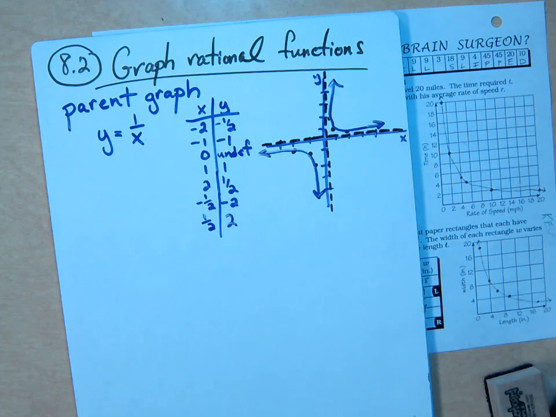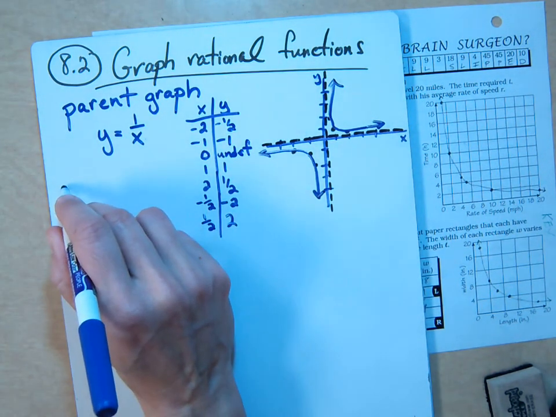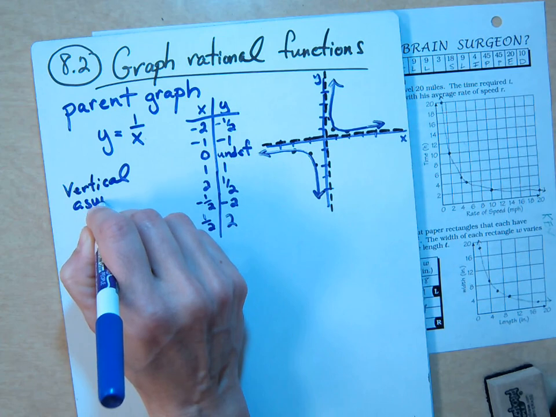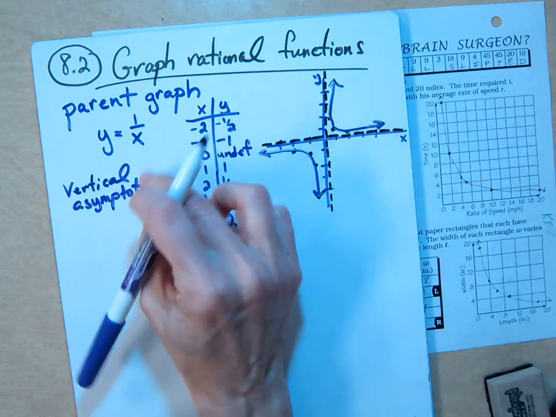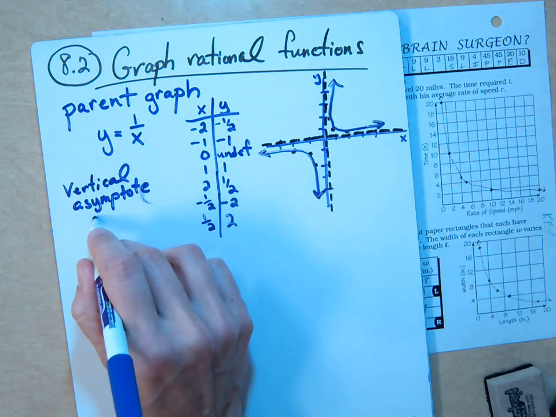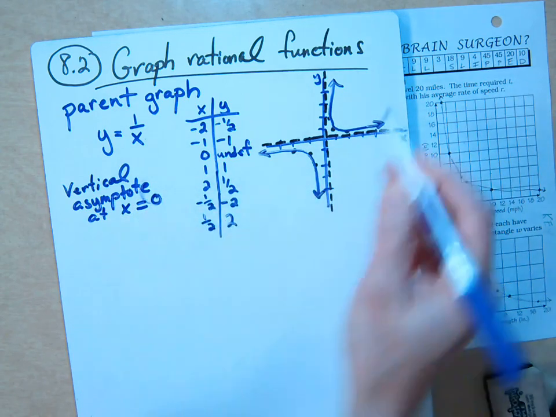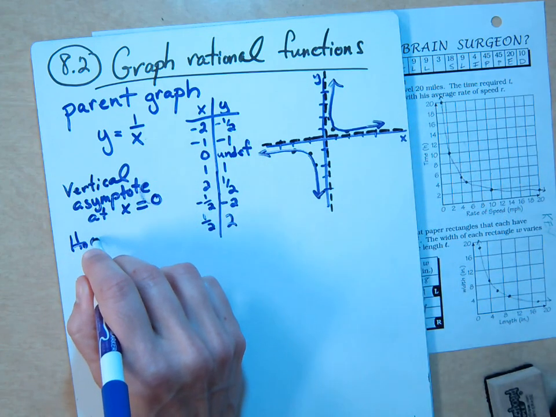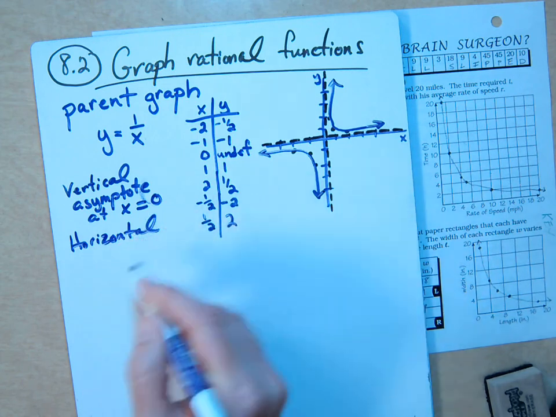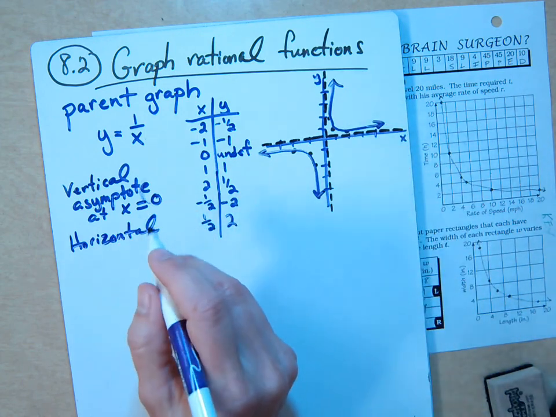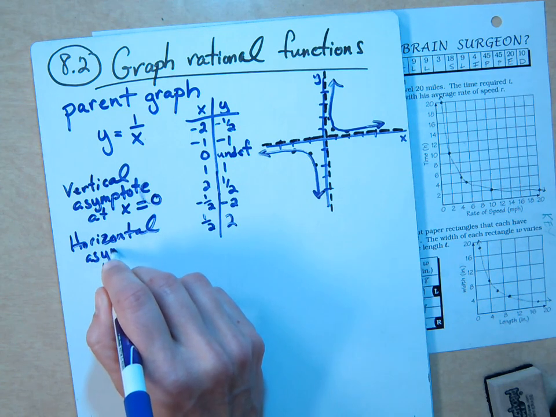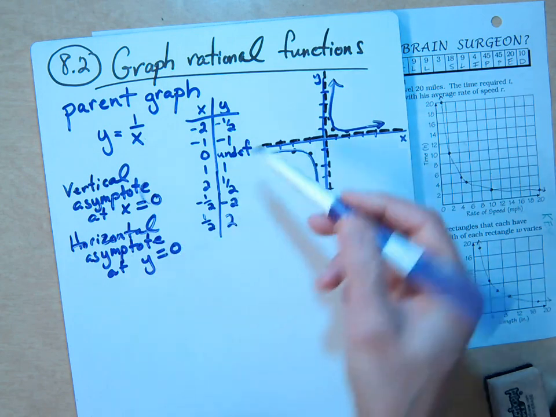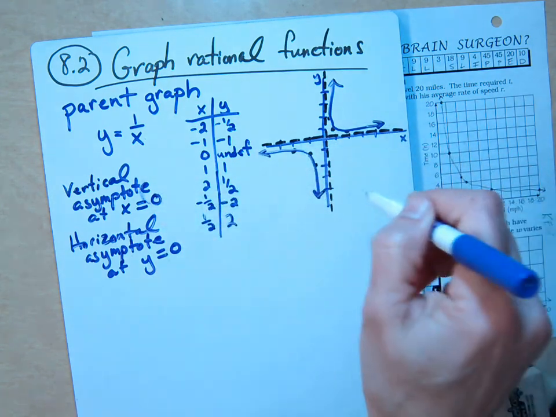So when we state that, there's basically a vertical asymptote at x equals 0, right here, the line x equals 0, and there's a horizontal, because this is what you'll need to figure out where they are. You have to figure out where the asymptotes are first. Horizontal asymptote at y equals 0. And then you pick your points around where the asymptotes are.